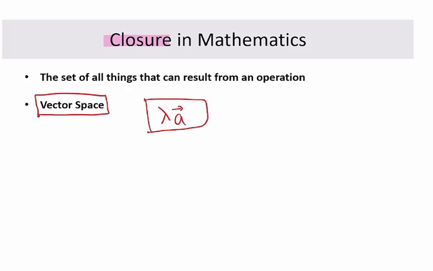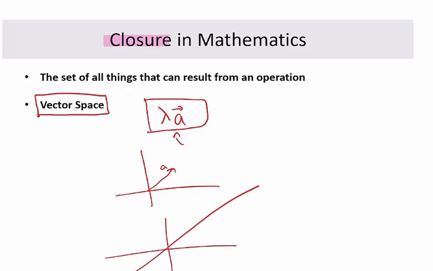Geometrically, if you have a vector A, then the vector space of this operation would be a line which passes through A. Don't worry if this is a bit abstract, because we are going to cover this in more detail in a future section.